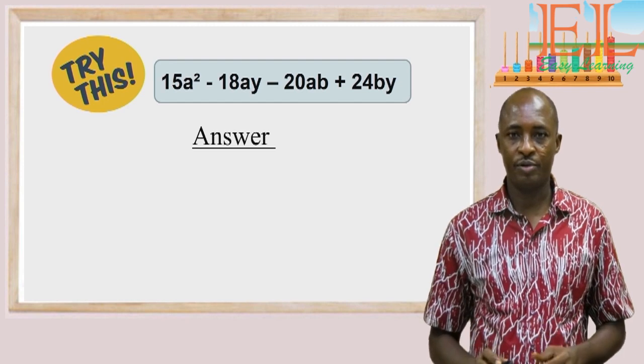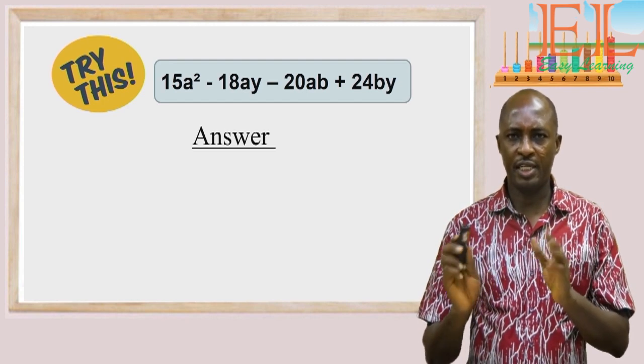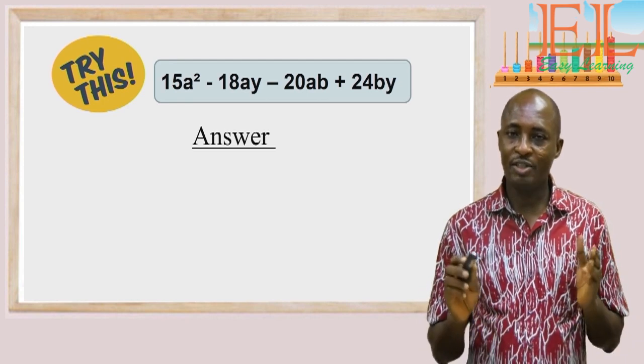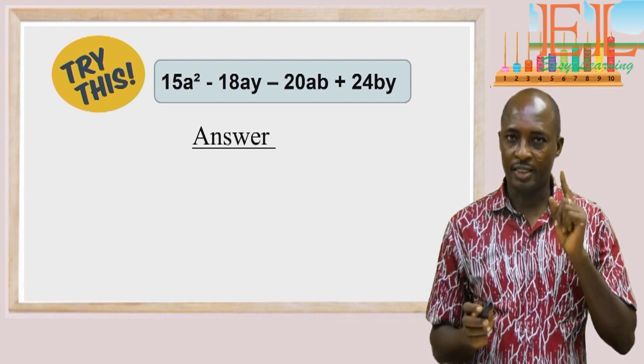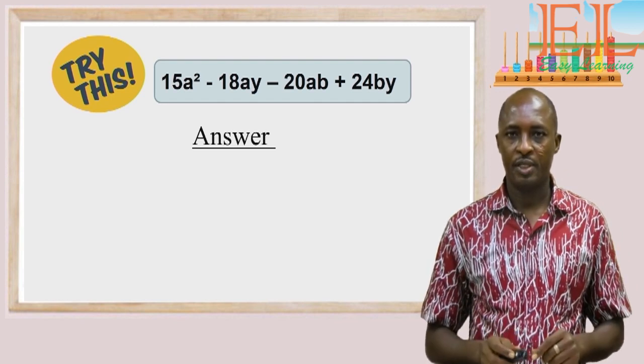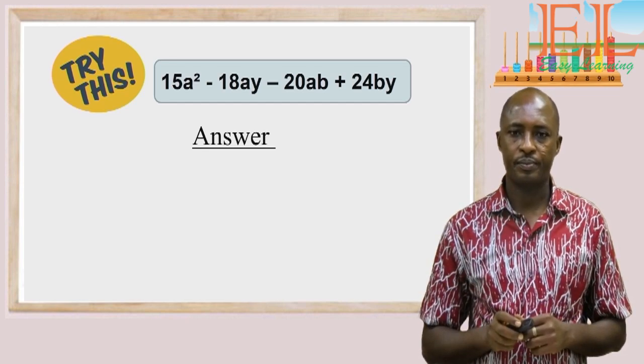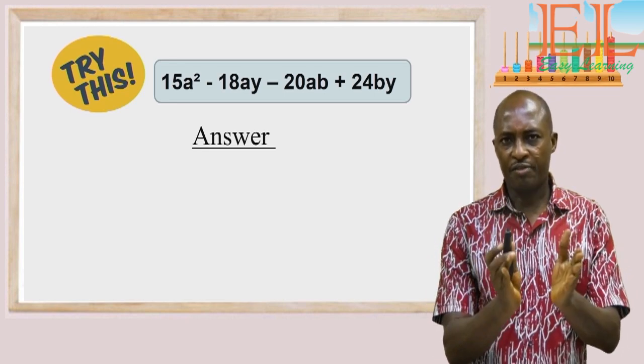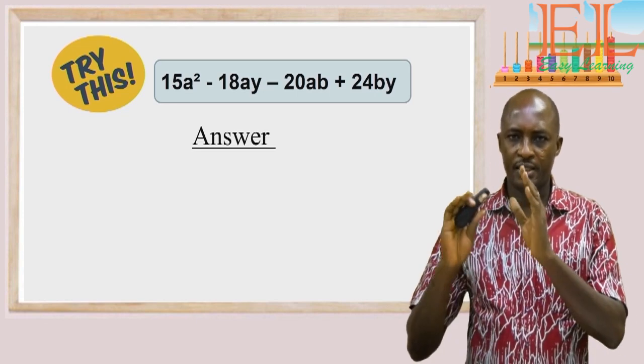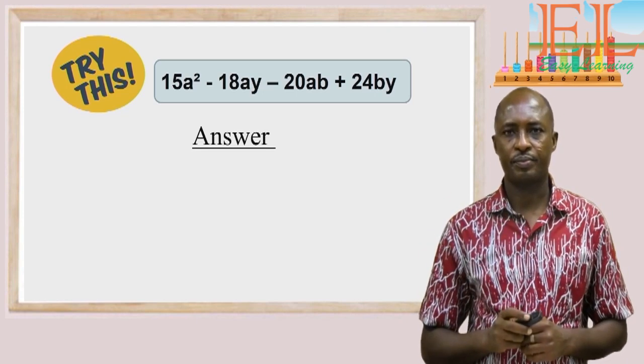In this example, I have 4 terms. And you see, with the 4 terms, as I told you earlier, you work in pairs. We look at the first 2 and the last 2.